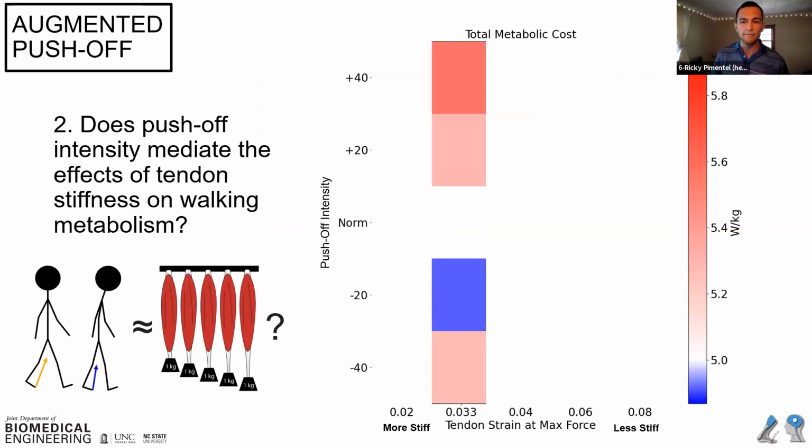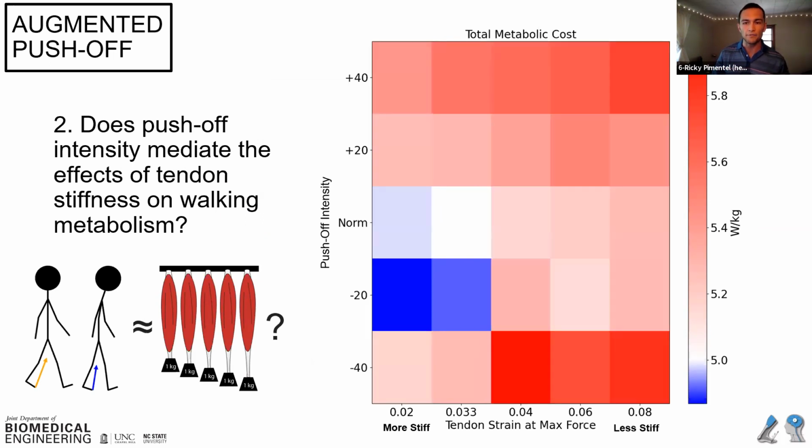And keeping tendon stiffness constant at our default levels, we can see metabolic cost change in response to varying push-off intensity. Zooming out to all conditions and all tendon stiffnesses, we see that metabolic costs increase with less tendon stiffness. Metabolic costs also generally increase as we deviate from the norm push-off intensity. And we also found a local minimum with stiff tendons and small reductions in push-off intensity.